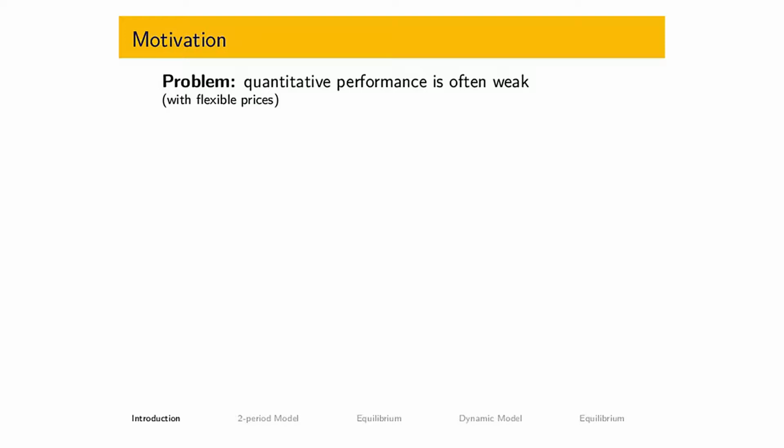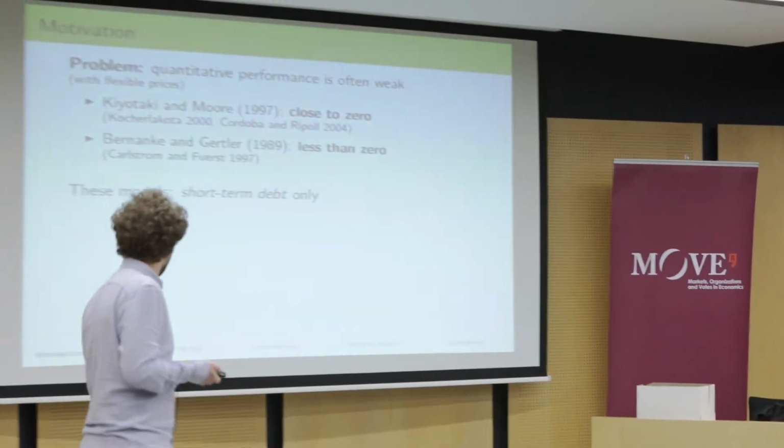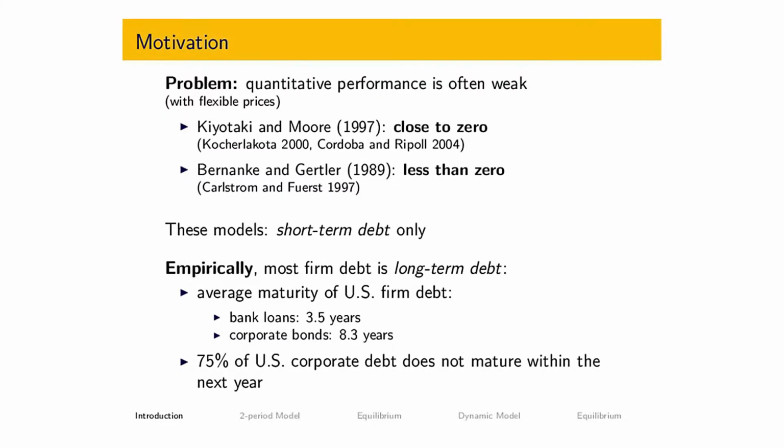This is where we depart from the literature. We observe that in macro in general, usually when people write down models of debt, all debt is short-term debt. This means all debt issued in period T is supposed to be fully paid back in period T plus 1. This assumption, made for tractability, is per se not an attractive assumption.